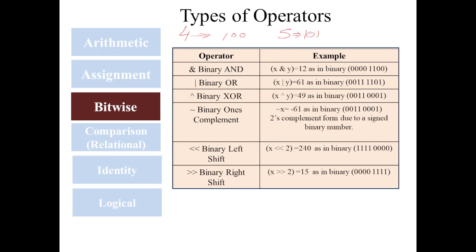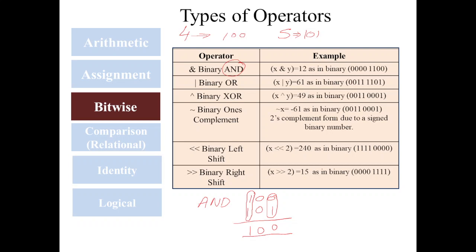I will simply perform some operations. Like if I perform AND operation on 4 and 5, what will happen? AND operation will be performed in such a way that 100 will be ANDed with 101. So first of all, when we take AND of the rightmost values, it becomes 0, again 0, and when we take AND of the leftmost value, it becomes 1.